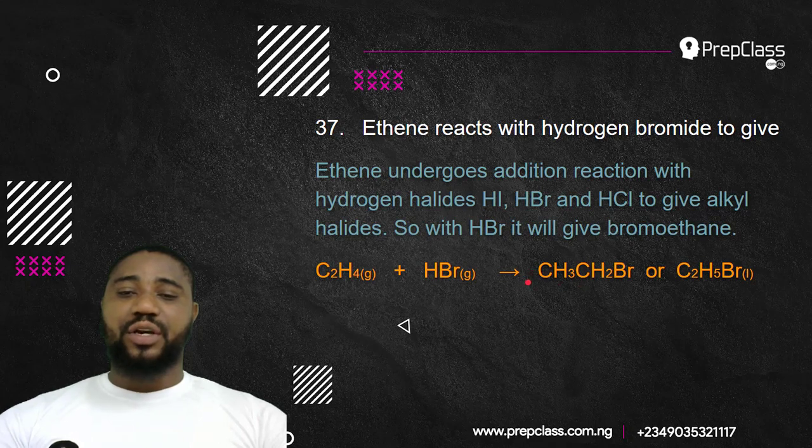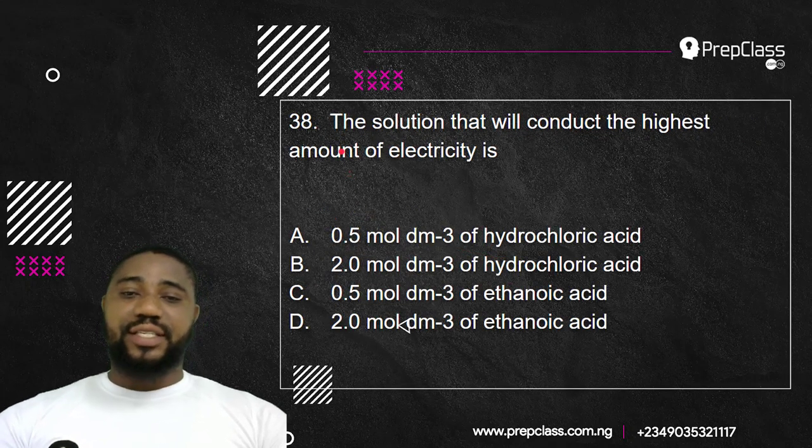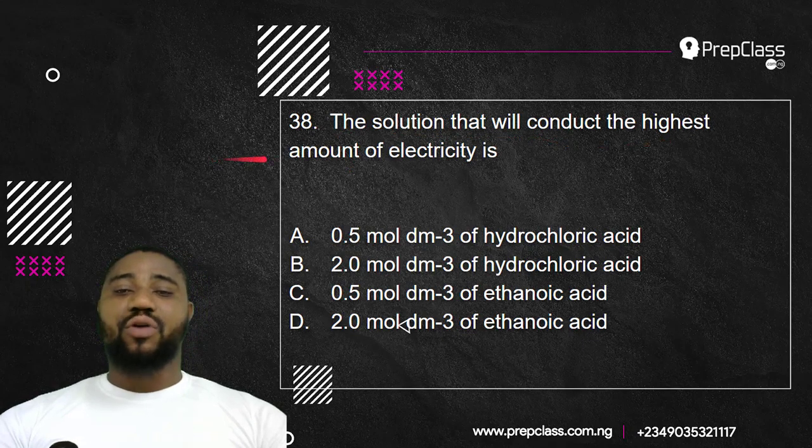That will give me CH3CH2Br or C2H5Br, and this is bromoethane. So the correct answer is CH3CH2Br.